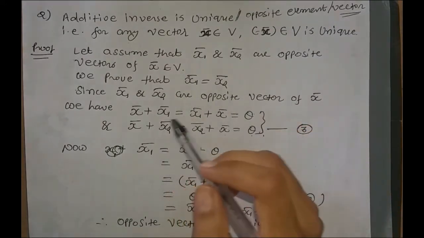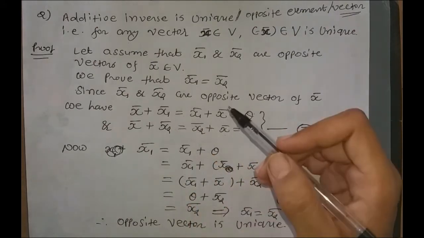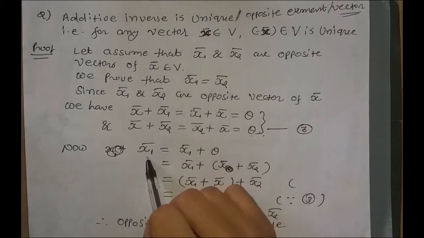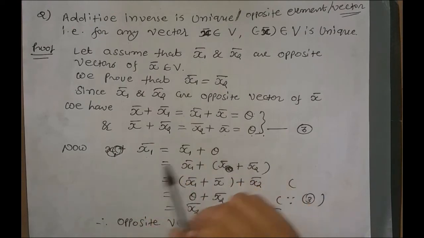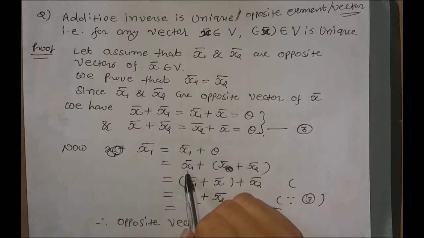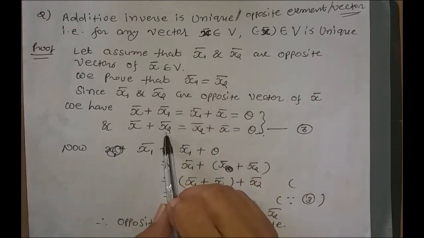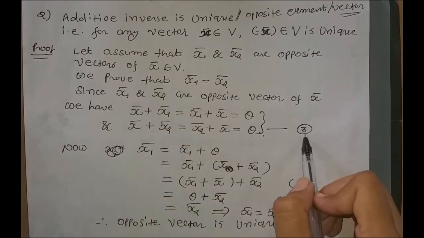Now when we add the zero vector to any element we get the same element. So x1 bar is equal to x1 bar plus theta, which we can write as follows. Now x1 bar plus theta is equal to x1 bar plus x bar plus x2 bar, from equation number 3.